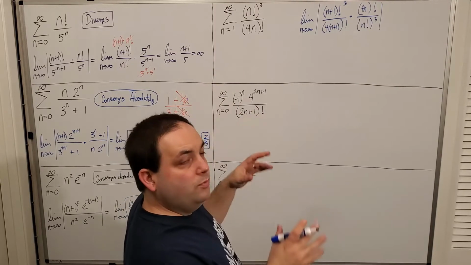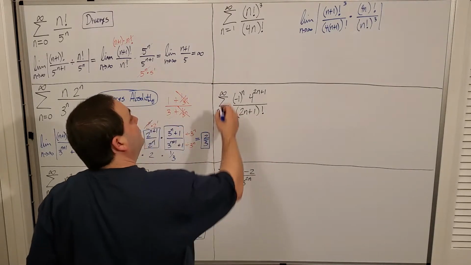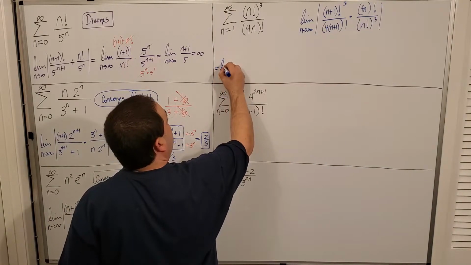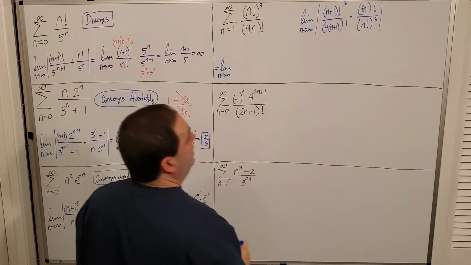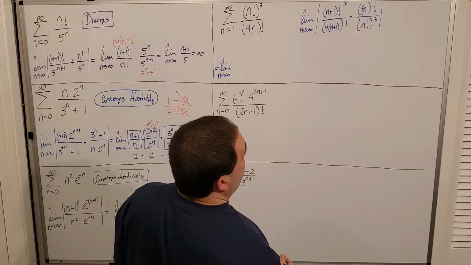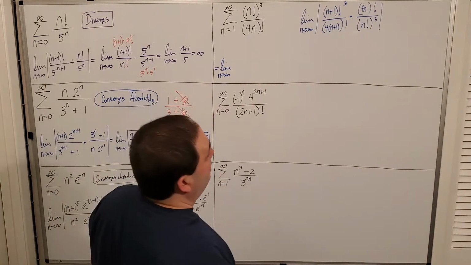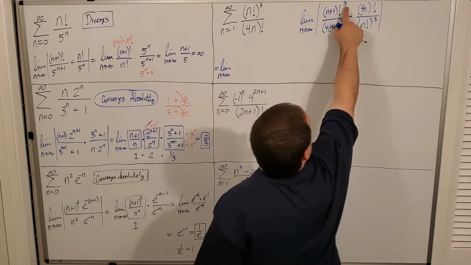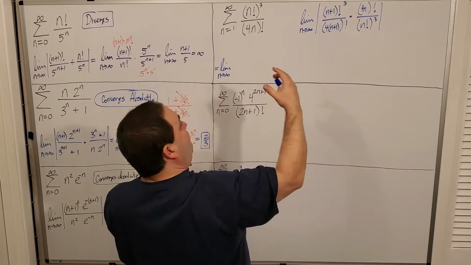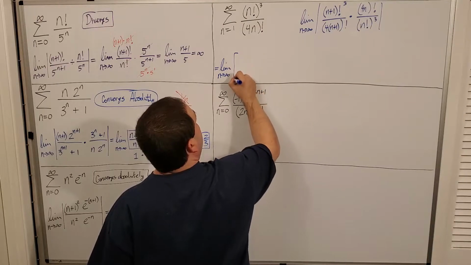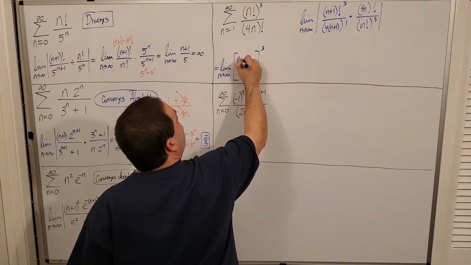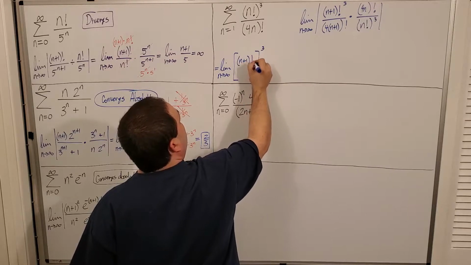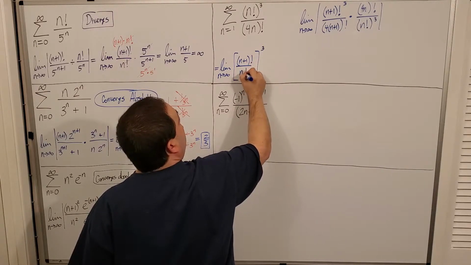I'm going to regroup some things. So that's going to be equal to the limit as n goes to infinity. And just to make this a little bit simpler, I'm going to take these cubes and pull them out like this. This is going to be one big thing cubed. And what I've got is n plus 1 factorial over n factorial.